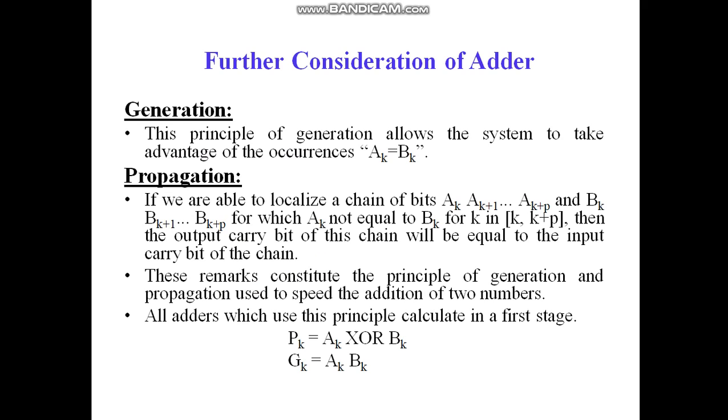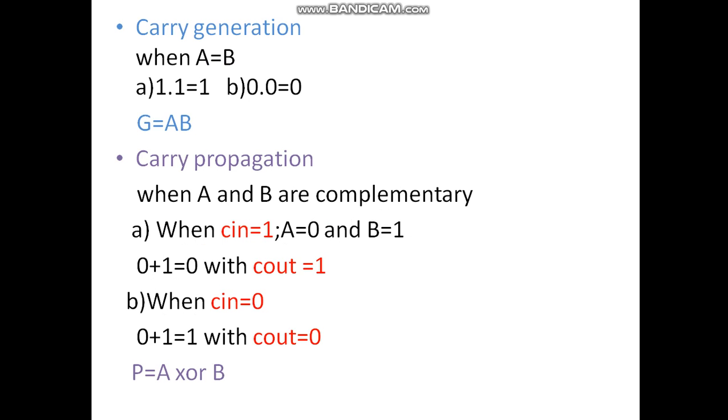So a carry is propagated, that means C in and C out will be same, when A and B are complementary. Let us look into an example here. When C in is 1 and we have considered the condition where A and B are complementary, let me say A is equal to 0 and B is equal to 1.